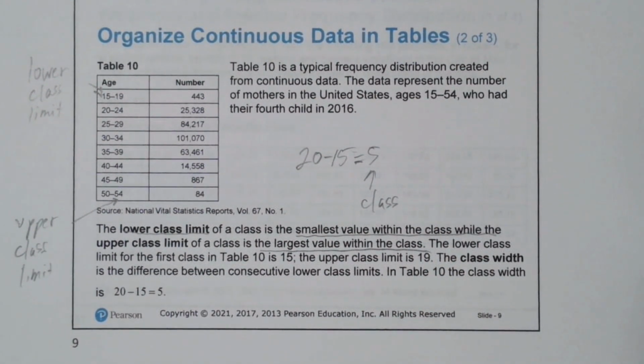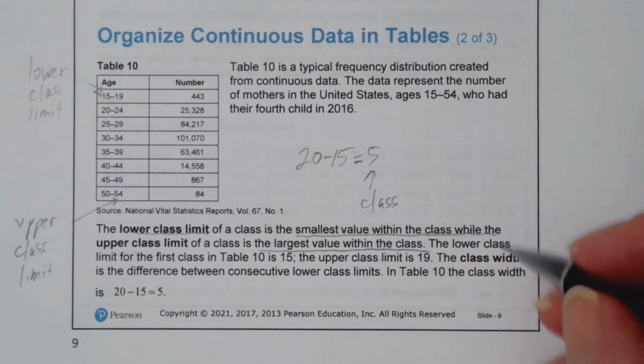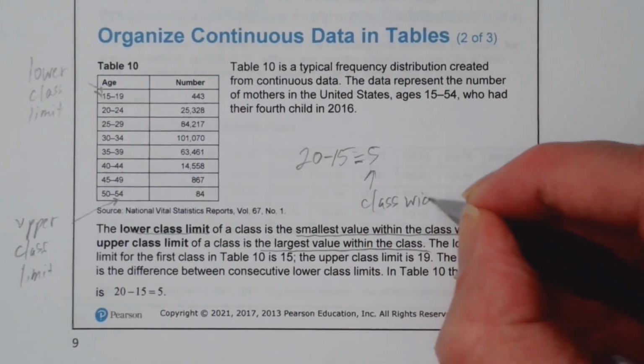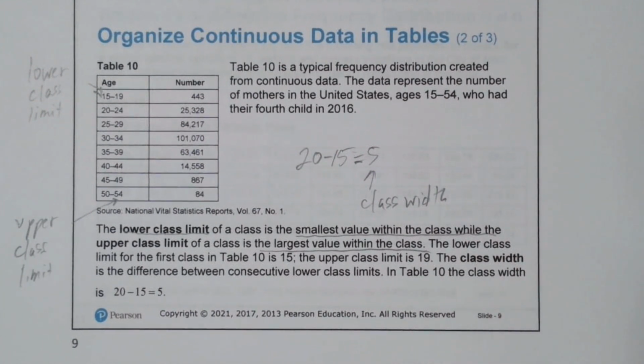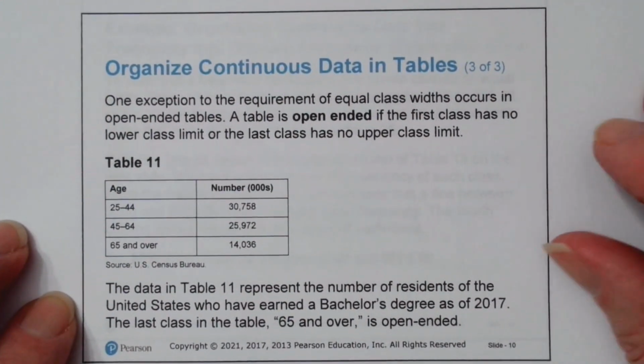That would be your class width. And again, I mentioned this on the previous slide, the class widths have to be the same for all the classes, with one exception, and we'll talk about that in just a second. Let's see if there's anything else here I wanted to mention. Nope, that'll be it. Let's go ahead and move on to the next one.